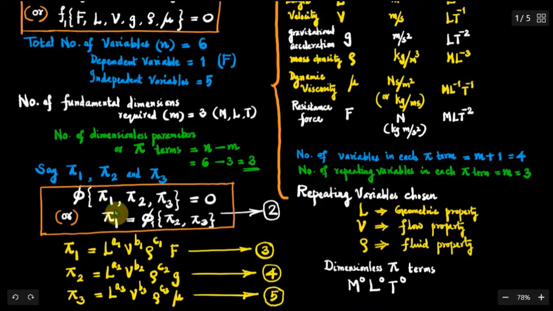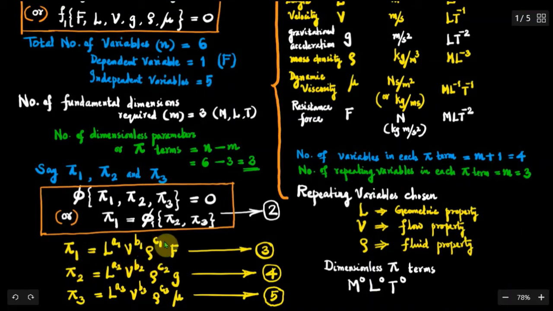So in each of the pi terms we will incorporate the force F, acceleration due to gravity g and dynamic viscosity mu. And the repeating variables in each one will be raised to certain indices, A1, B1, C1 in the first pi term, A2, B2, C2 in the second pi term, and A3, B3, C3 in the third pi term.